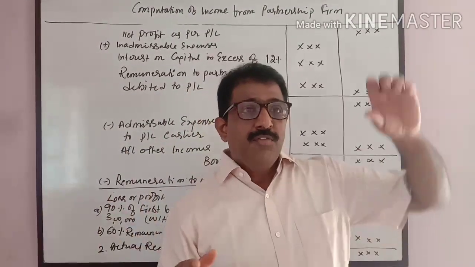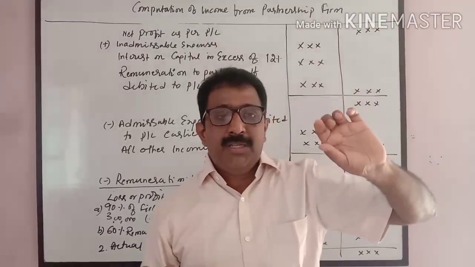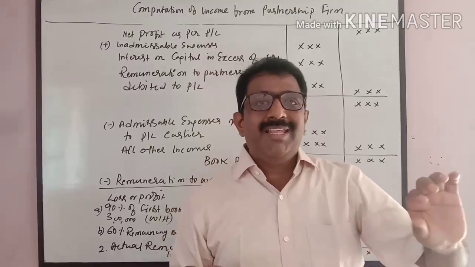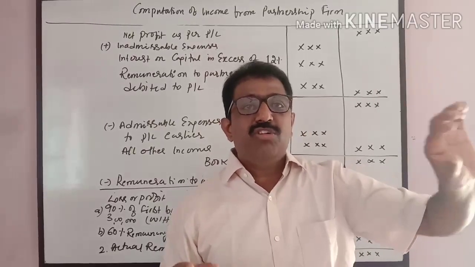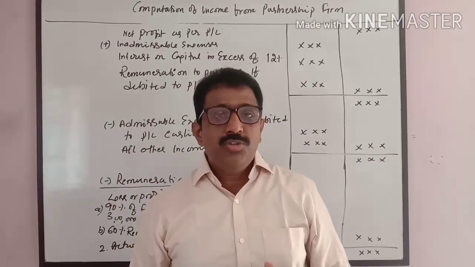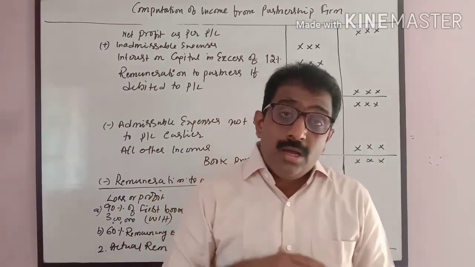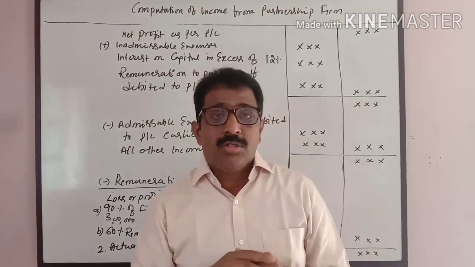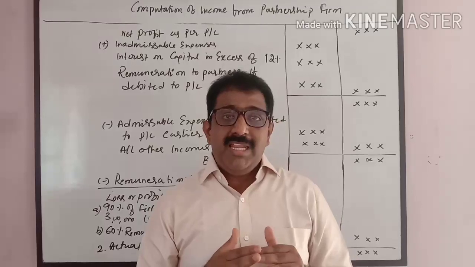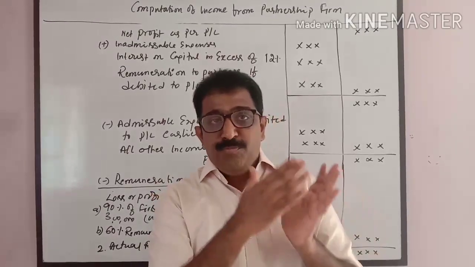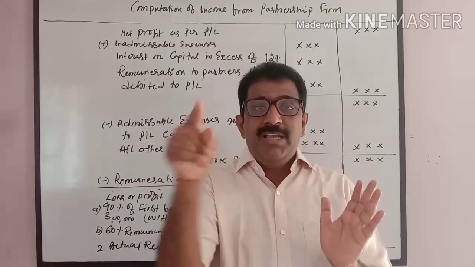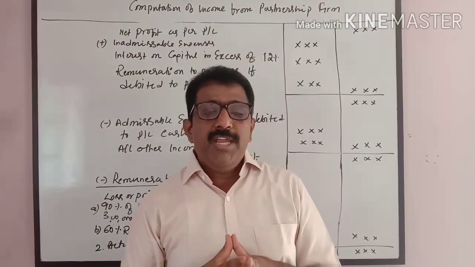On the debit side, we used to debit interest on capital. Suppose the partners allowed an interest on capital at the rate of 10%, 15%, 20%, on their capital we used to debit the amount to the partners in the appropriation account. Similarly, if partners are entitled to certain salaries, like salaries for A, B, C partners per month so much, we multiply and debit to the appropriation account.